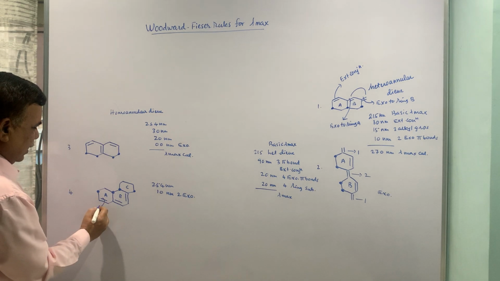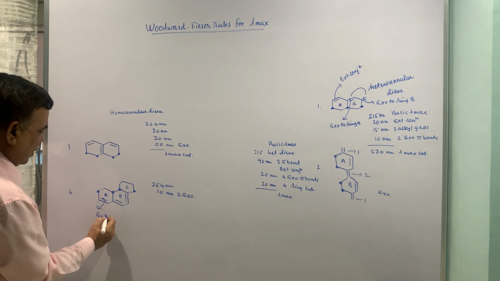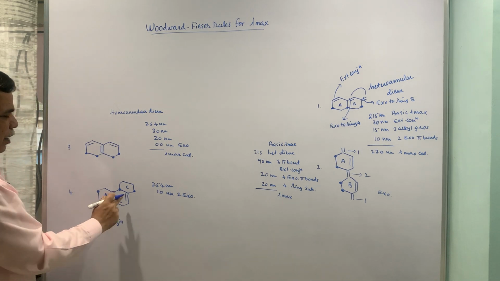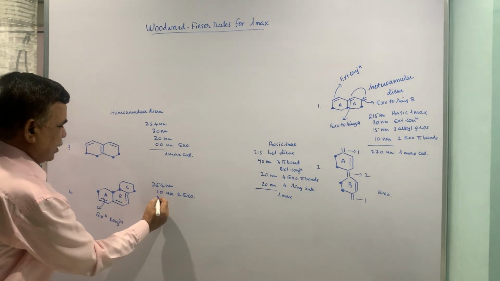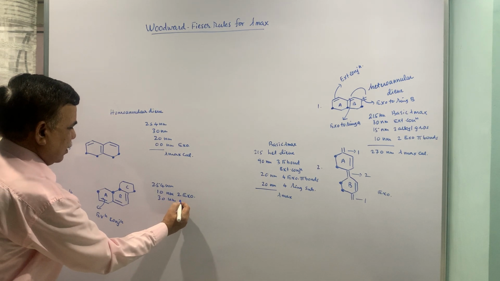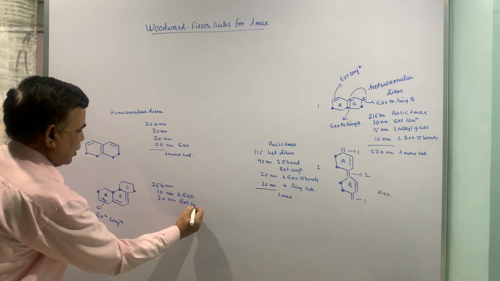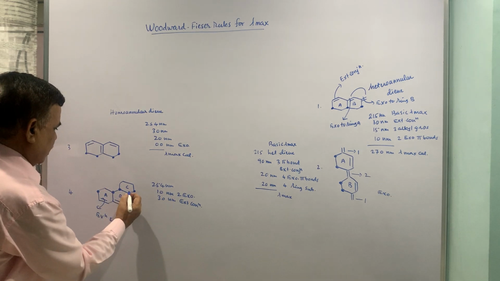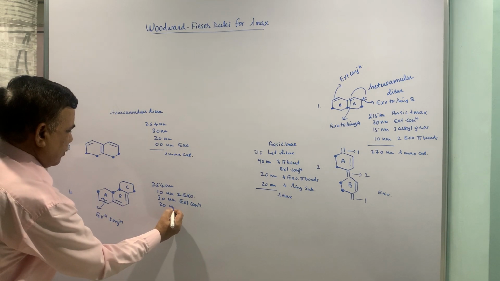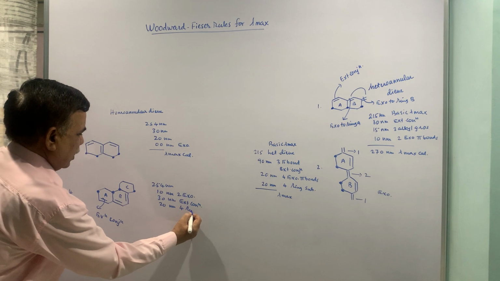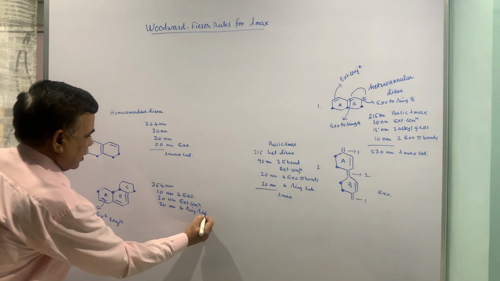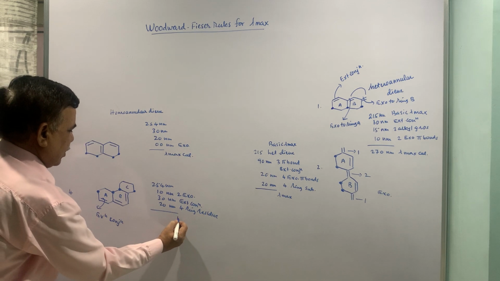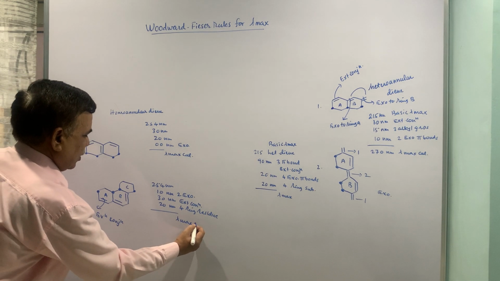This is extended conjugation because that is an additional bond which is in conjugation. So that is 30. Extended conjugation we can say, and then 4 alkyl substituents, that is 20. 4 ring residues or alkyl substituents, anything you can say. So this is lambda max calculated.